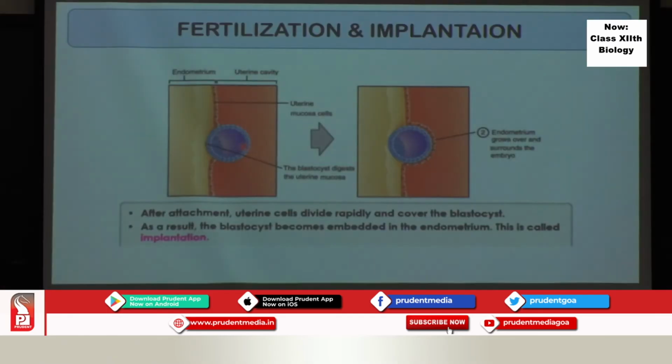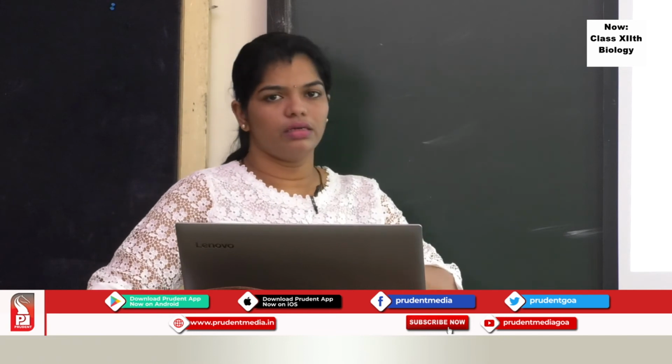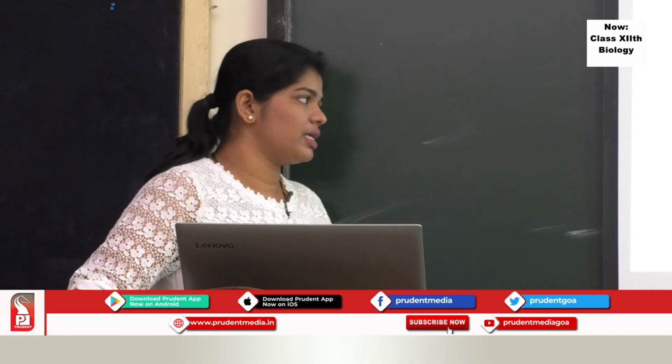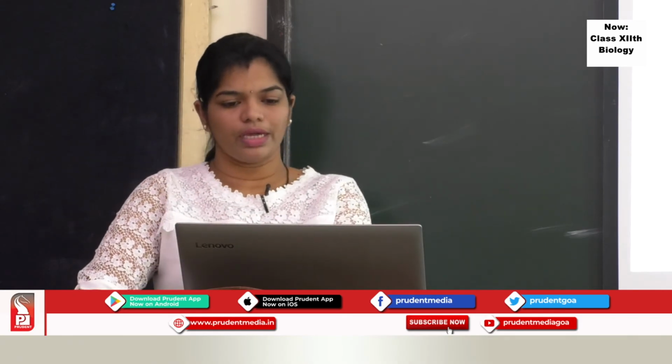The blastocyst will digest the cells here and start getting implanted inside, and you can see the endometrium covers over the embryo and takes the blastocyst inside. After the attachment, the uterine cells divide and completely cover the blastocyst, and this results in implantation.